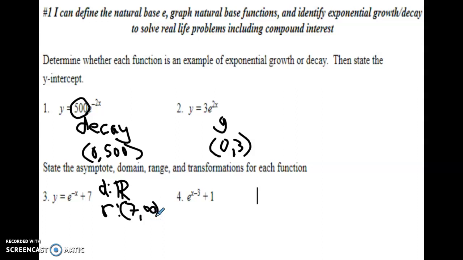Now let's look at the transformations. Because of that negative in the exponent with the x, it's going to be reflected across the y-axis.